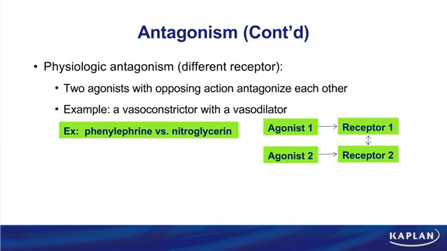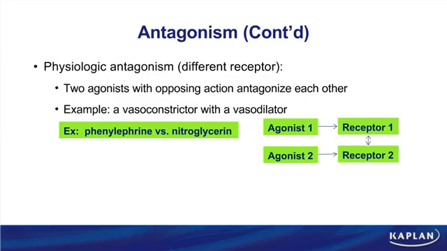You can probably think about maybe the best example, which is the autonomic nervous system. Isn't it true that the sympathetic nervous system opposes the parasympathetic nervous system? Each of those systems uses its own neurotransmitter and different receptors to cause that effect, and they oppose each other.